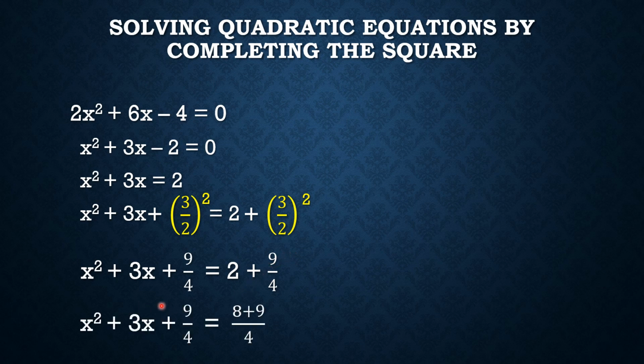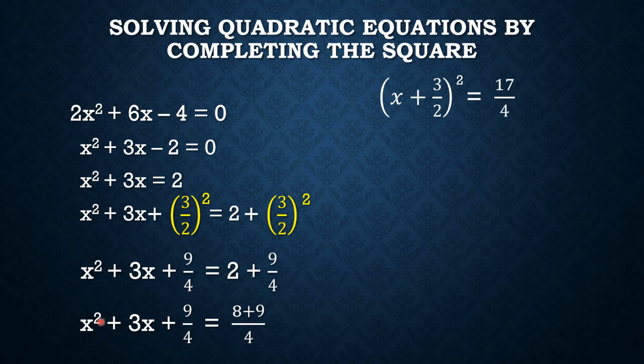By simplifying again, we have 8 plus 9 over 4. Paano nangyari yun? Because 4 times 2, mas madaling technique, 4 times 2 is 8. And then plus 9 all over 4. By simplifying, we now have, okay, 8 plus 9 is 17. Remember that. And then here, we can now factor this as x plus 3 over 2 squared is equal to 17 over 4.